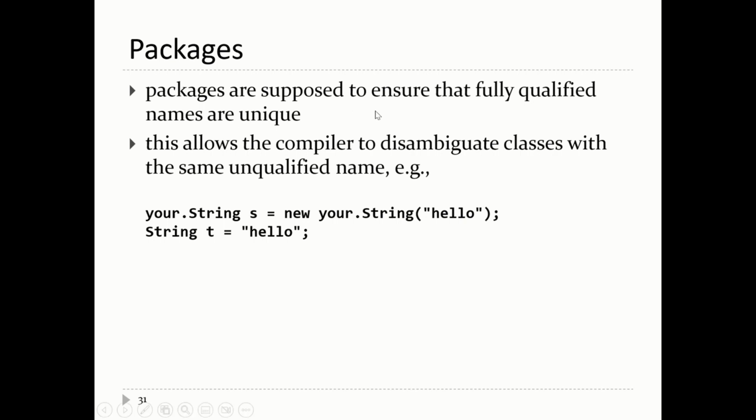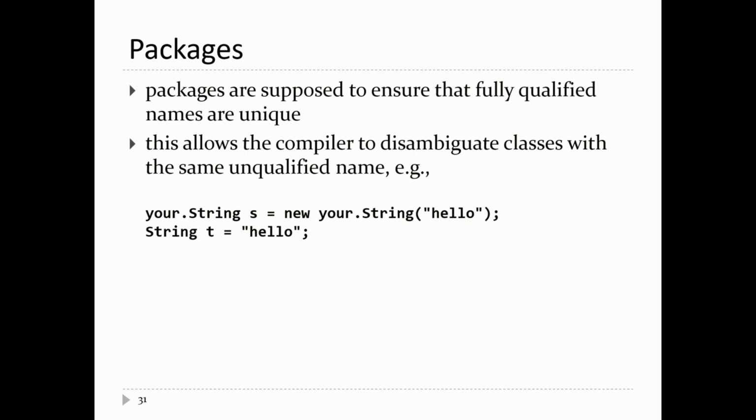Packages are supposed to ensure that fully qualified names are unique. What does that mean? It means that if you wanted to make your own string class, maybe you want a mutable string, because Java strings are immutable. Maybe in your application you have to change the letters in strings all the time, so you make your own mutable string class.